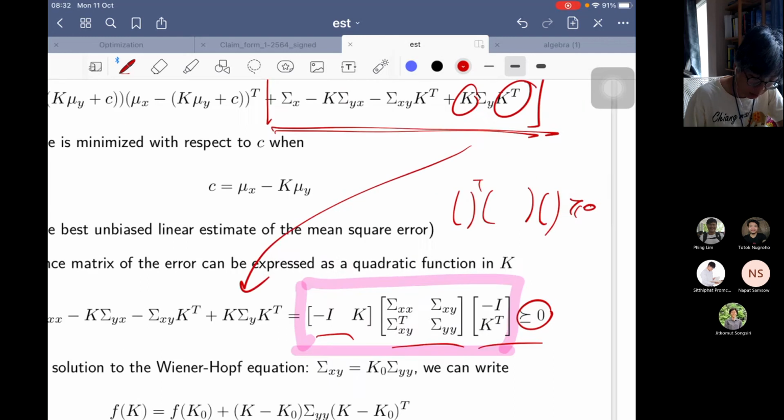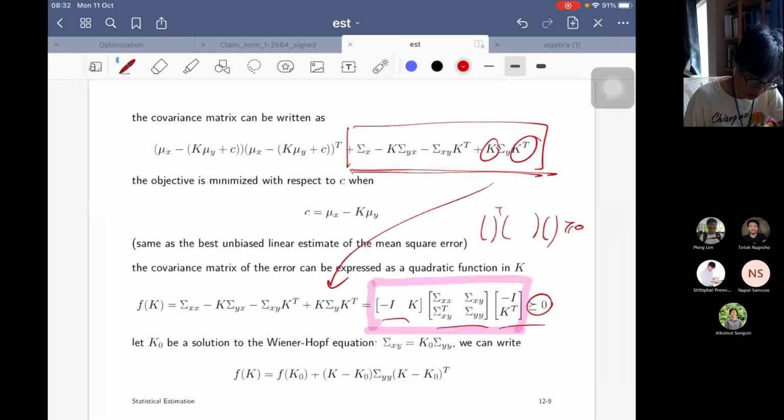Does it make sense to be non-negative? Yes, of course. What you're deriving here is the covariance matrix, so with the property of the covariance, it has to be always non-negative. You pick different K, you end up with a different covariance matrix of the error, and now you just want to pick the one that gives the smallest covariance.